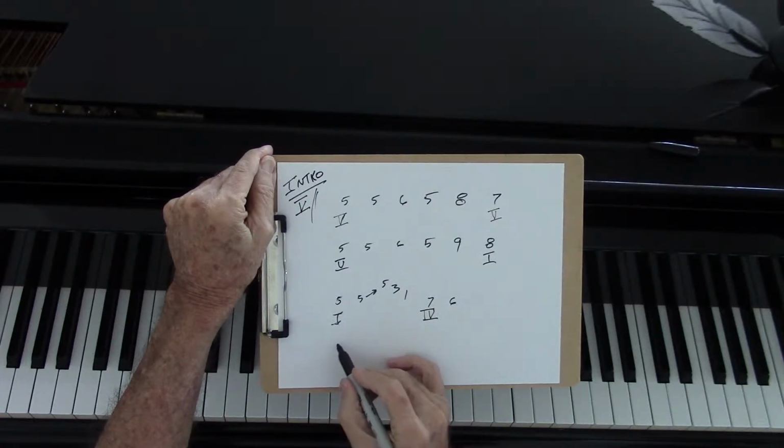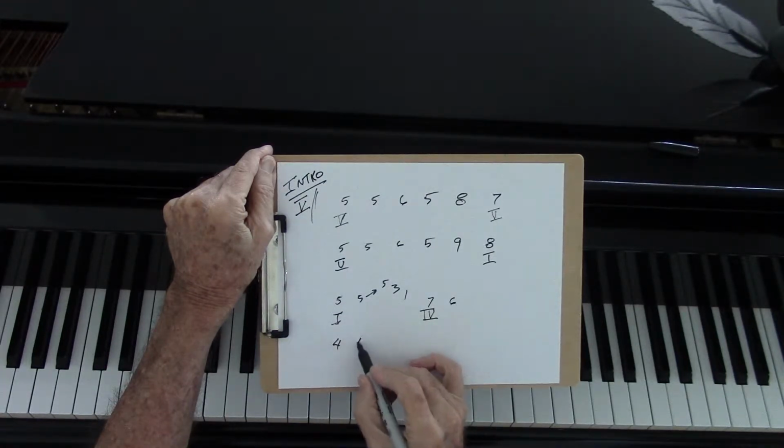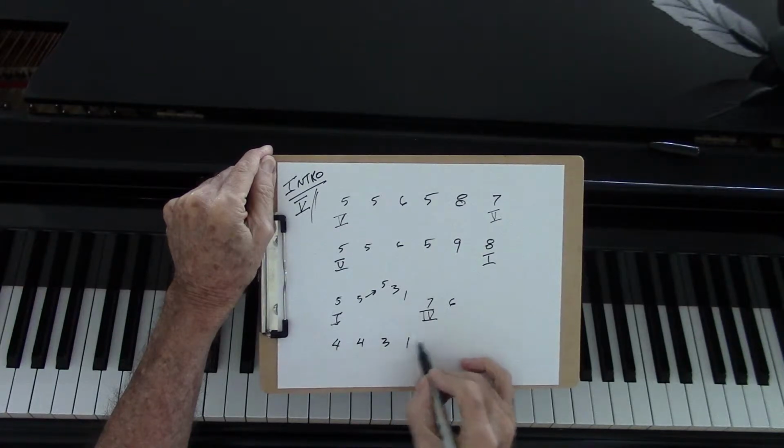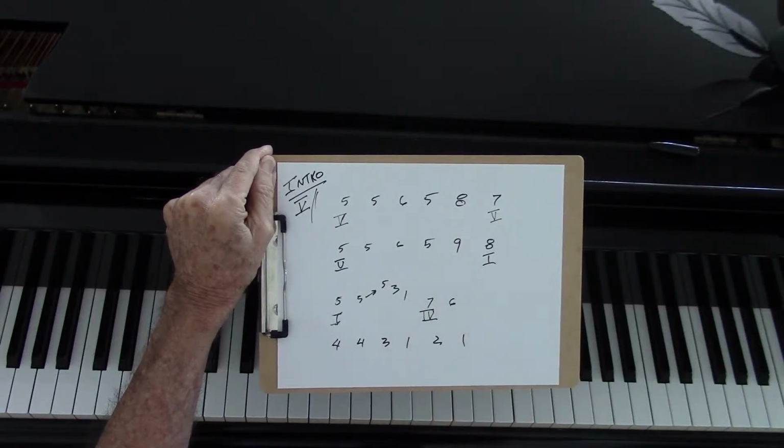last phrase, 4, 4, 3, 1, 2, 1. Okay, here, now you've got the 7, 6 here. Now you're going to come back down to E here, which is going to be the tonic.